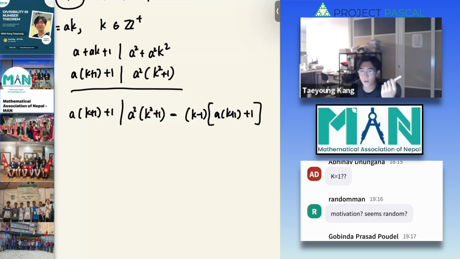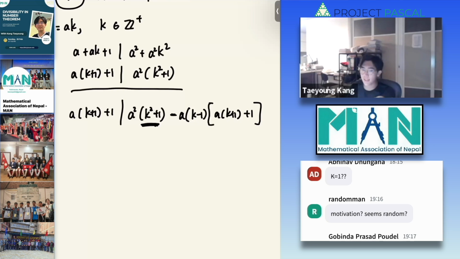Someone asked for the motivation of doing this, and I'll tell you why. The motivation is that we see a K squared plus 1 term here, right? So we want to somehow remove the K squared completely from the A squared term. We want to completely remove A squared K squared.